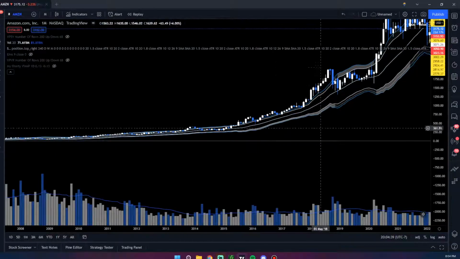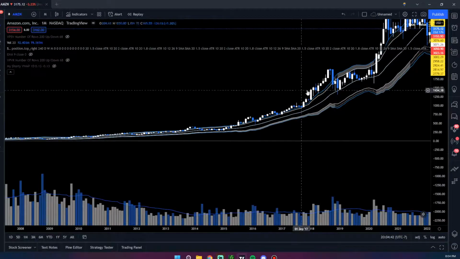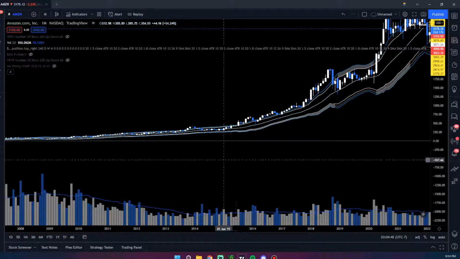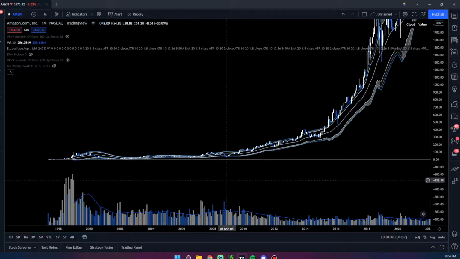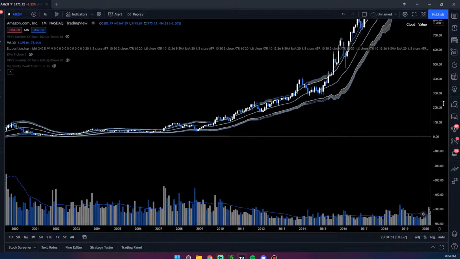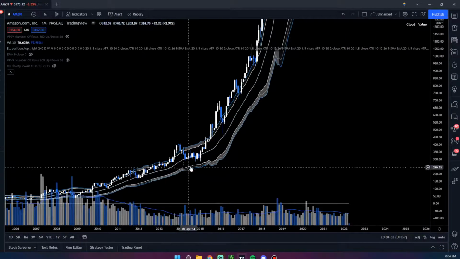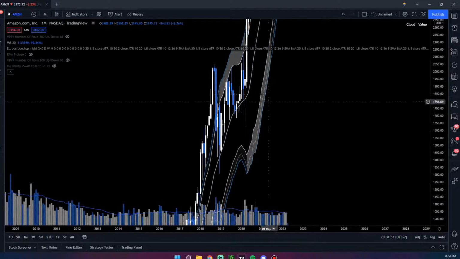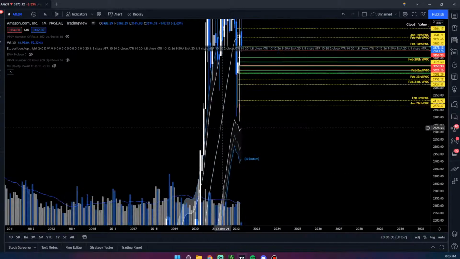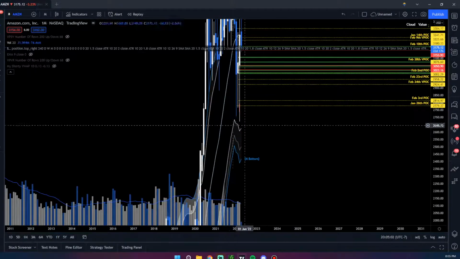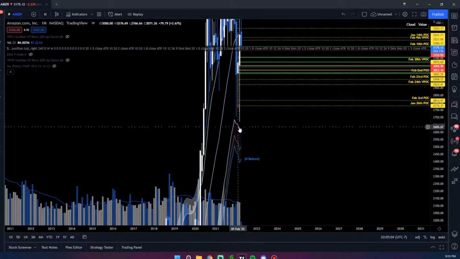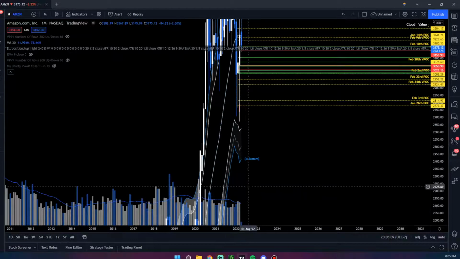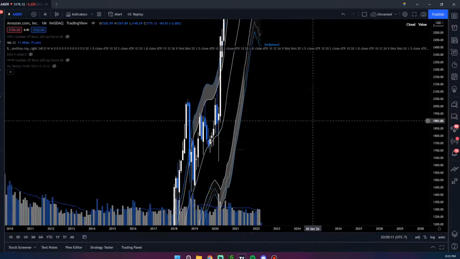What's really interesting about Amazon on the 1 month chart with the 1 month clouds is if you look at Amazon all through here, we're never near the bottom of the monthly cloud. We're nowhere near close to it, except for here, and the market was pretty shaky these last few months when we were getting close to the monthly bottom cloud.